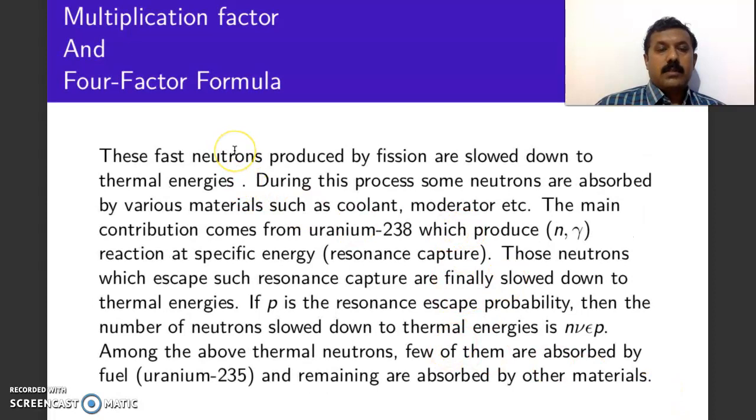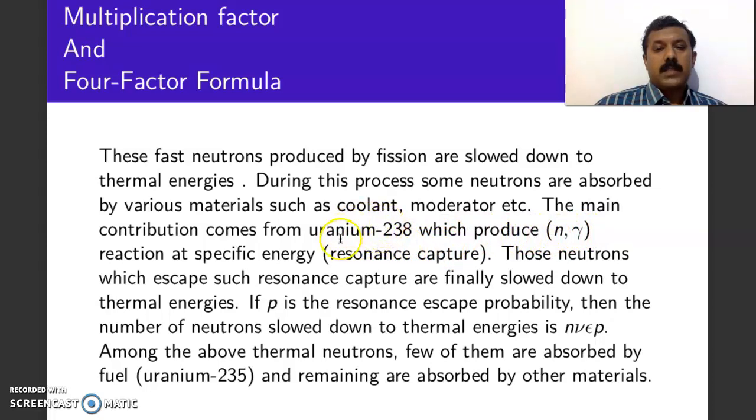These fast neutrons should be brought down to thermal energies to cause further fission in uranium-235. But in the process of decreasing their energies, there is a finite probability that at a particular energy there could be an n-gamma process. That means there will be a resonance capture mechanism.